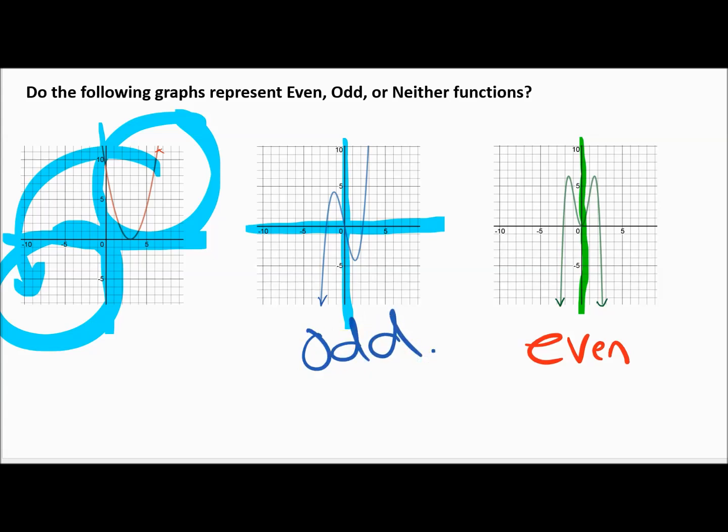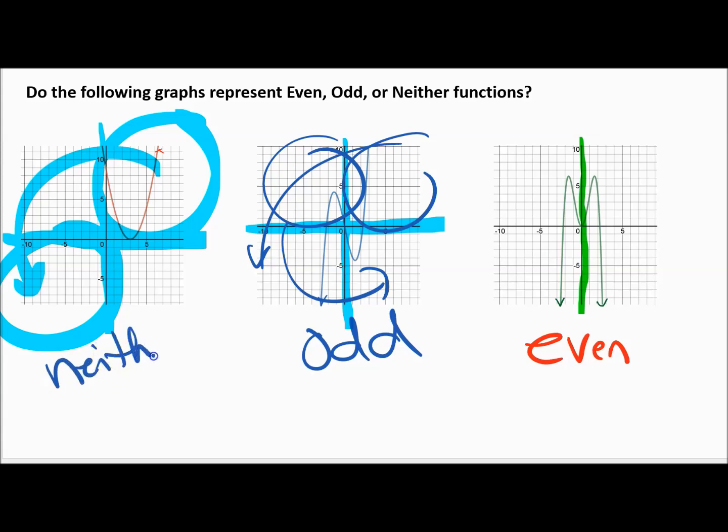I know that's harder to see. Odd is harder to see. So you either fold twice in your mind or you rotate this quadrant to here and it matches, and you also rotate this quadrant to here and it matches. Okay? Now finally, if it doesn't meet either one of these requirements, that means you're dealing with a neither function. So the first one is neither, the second one is odd, and the third one is even.